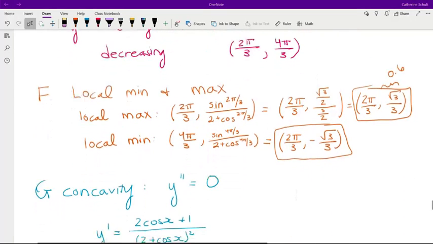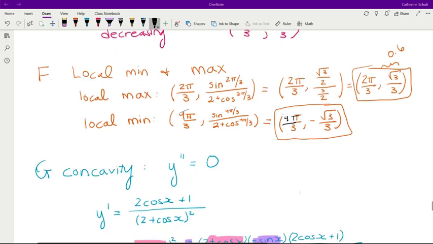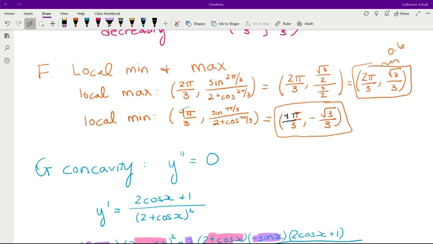All right, we have some local mins and maxes at 2 pi over 3 and 4 pi over 3. So those are our max and mins. And remember, we said this is about 0.6.